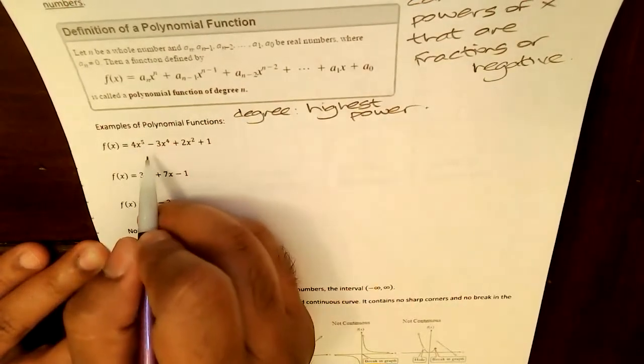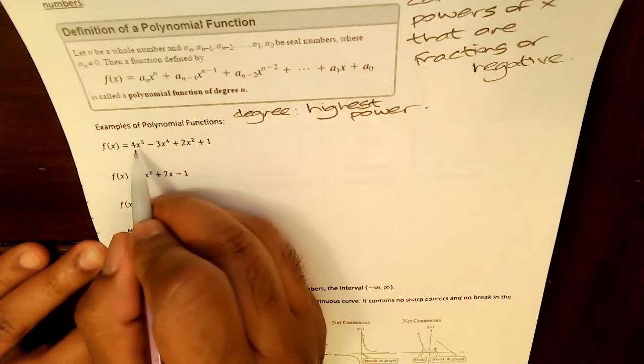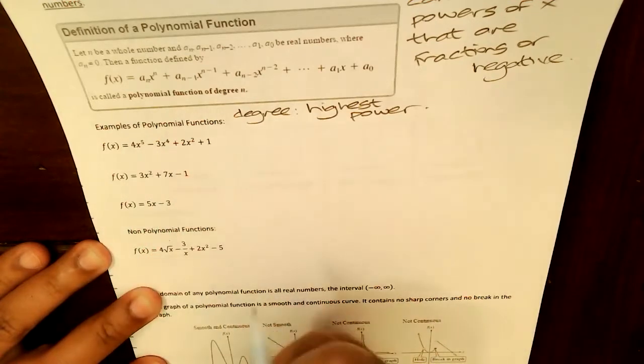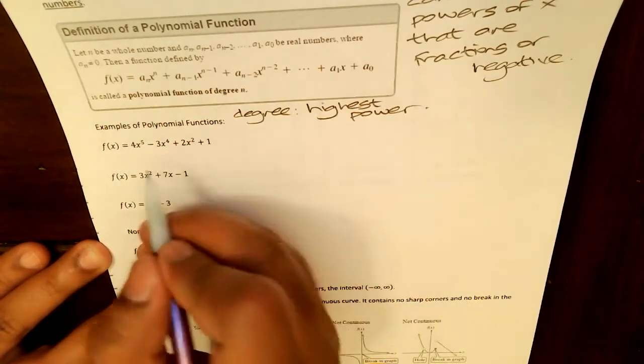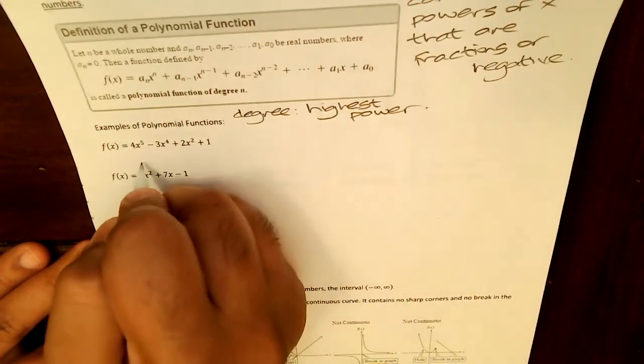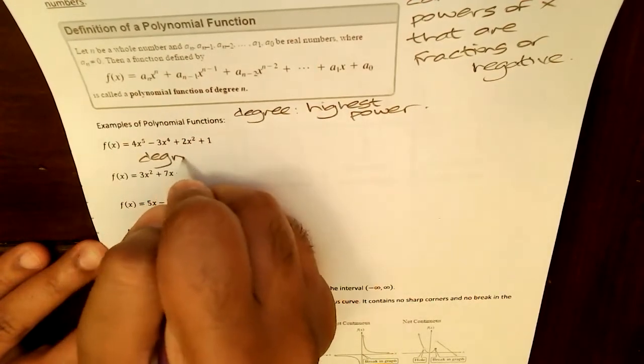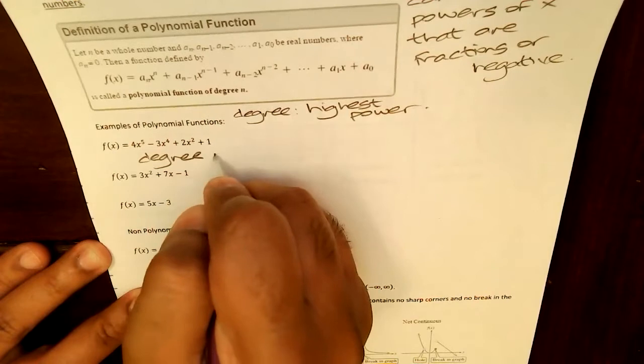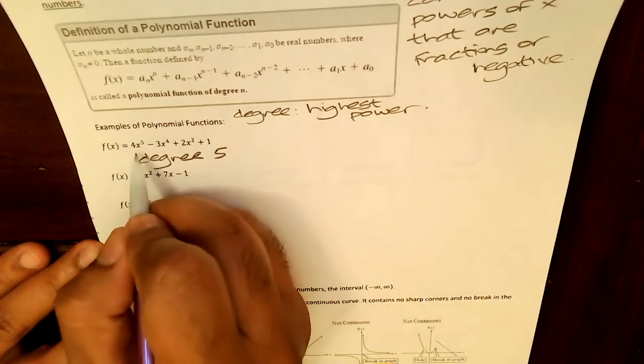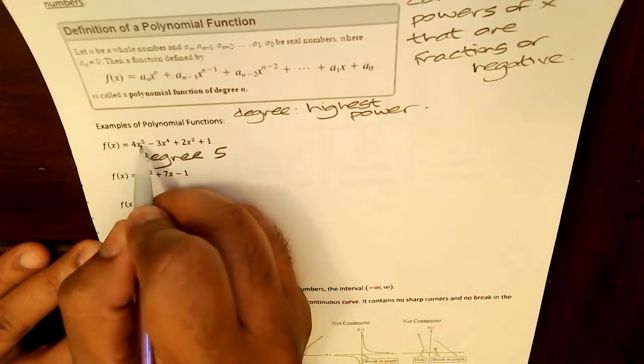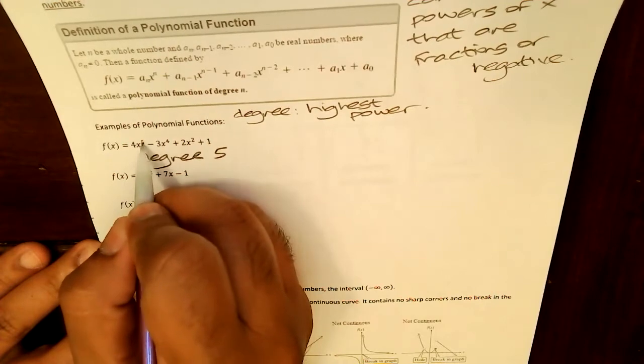So for instance, right here, we have a polynomial function. This function has 4 terms in it. If I ask you what's the degree of this function, it's going to be degree 5, because if you look at all your terms, the term with the highest power on the x is 5.